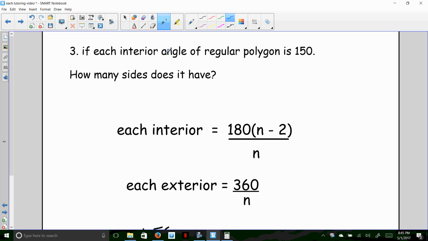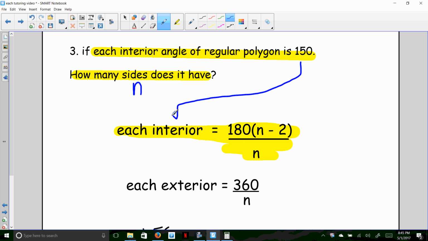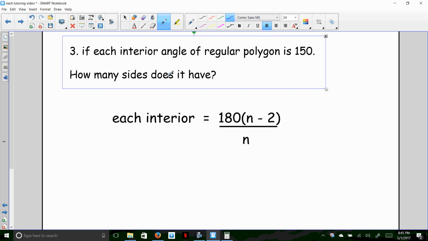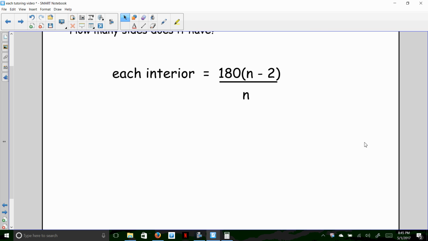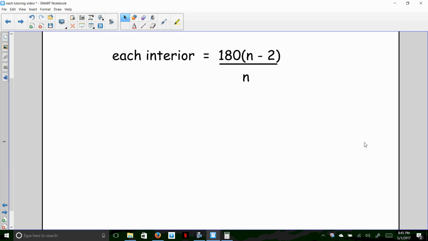All right, so a little harder here. If each interior angle of a regular polygon is 150, okay, so they give you the angle. How many sides does it have? That means we're solving for an n. So we are using our interior formula, and we're looking for n. It gives us an interior measure, so let's plug in the 150.